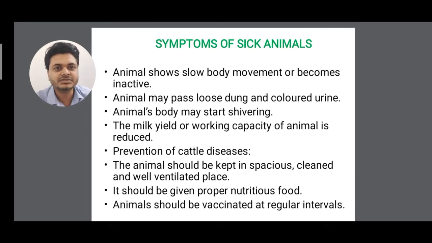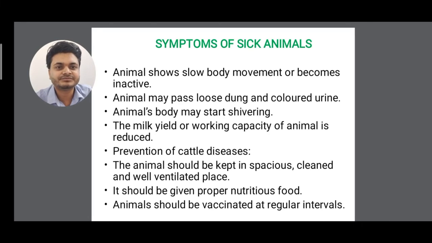Animals show slow body movement and become inactive. Animals may pass loose dung and colored urine. The animal's body may start shivering. The milk yield or walking capacity of the animal is reduced.